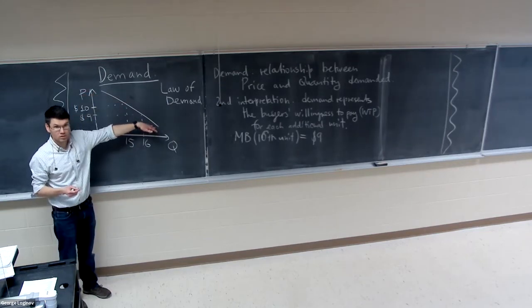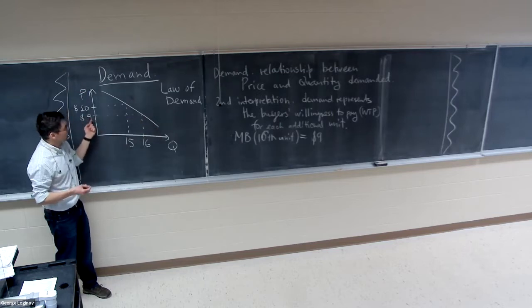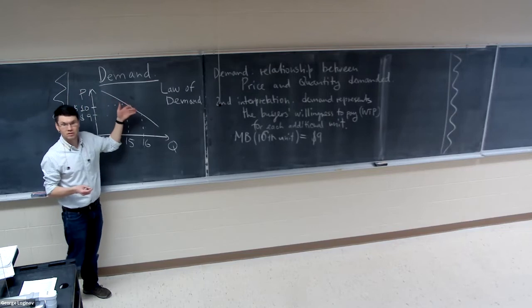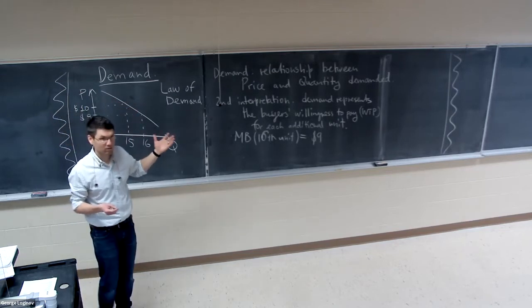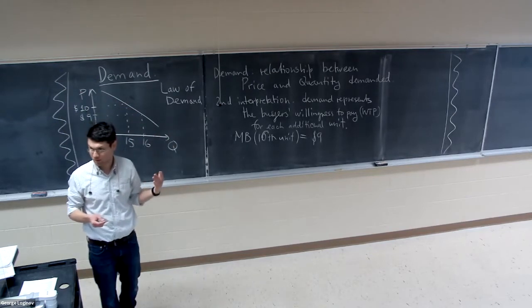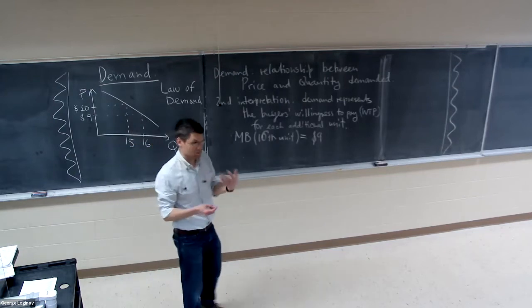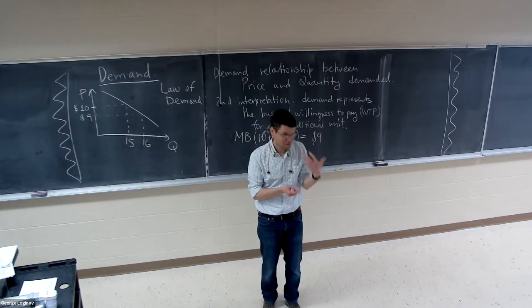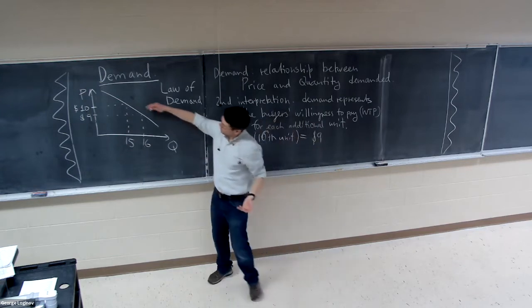If you reduce the price and you're selling less, something's wrong. If you increase price and by increasing price you're able to sell more, something's wrong. That's not a typical demand behavior. Maybe it's possible that in some markets this is how things work, but typical behavior of demand, bring down the price, quantity demanded increases.